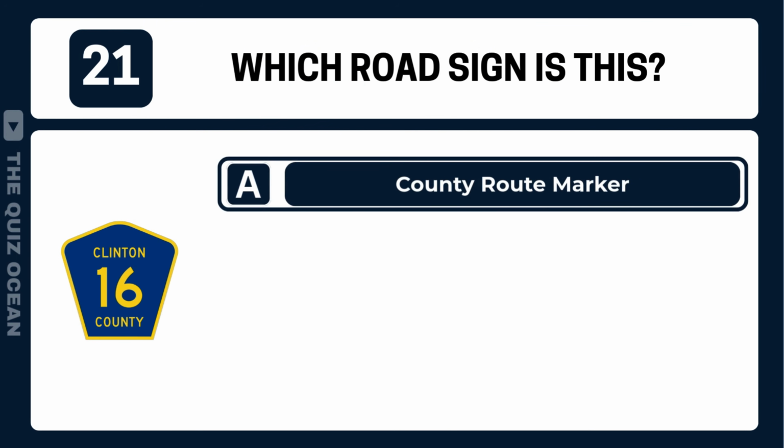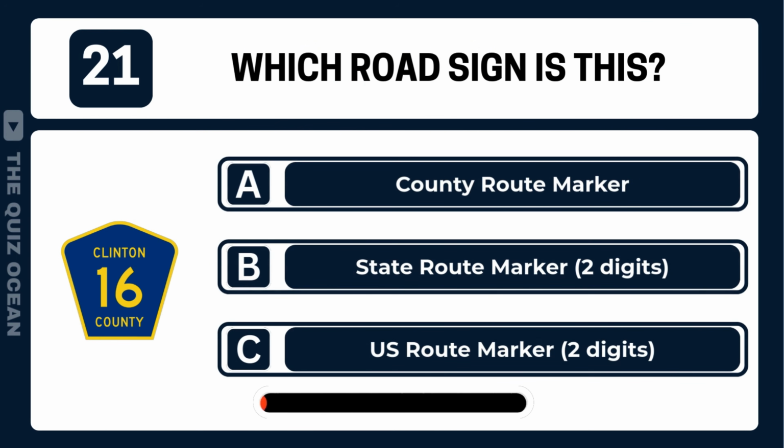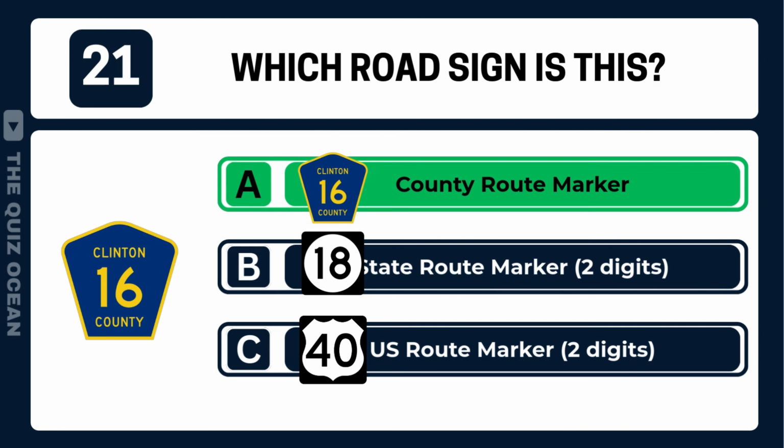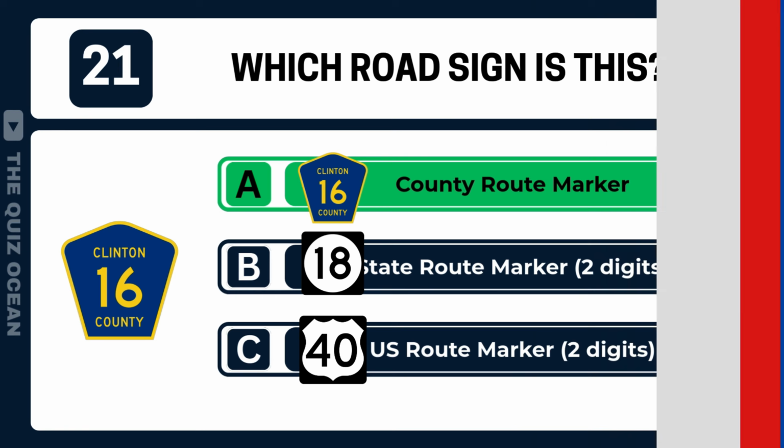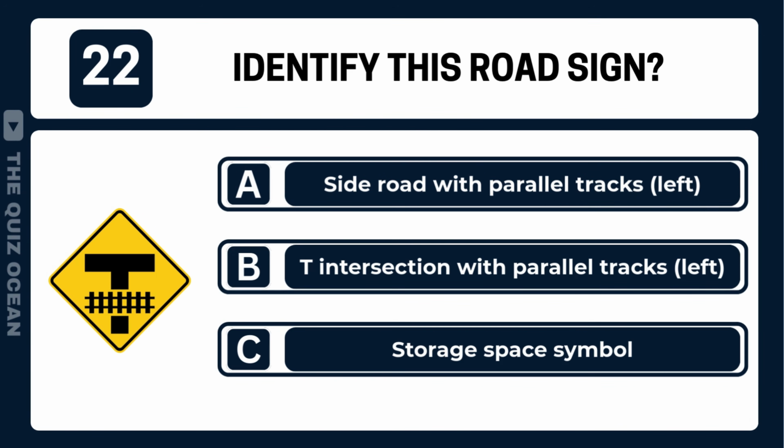Question 21. Which road sign is this? The answer is A. County route marker. Question 22. Identify this road sign.